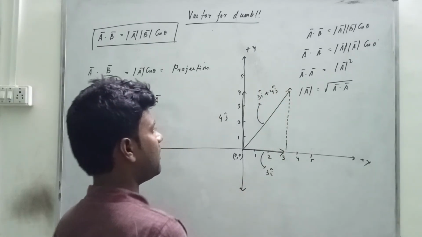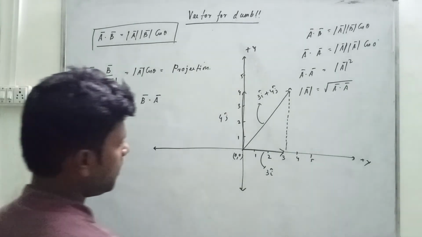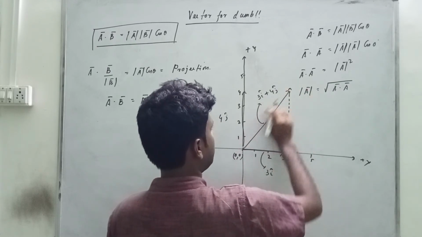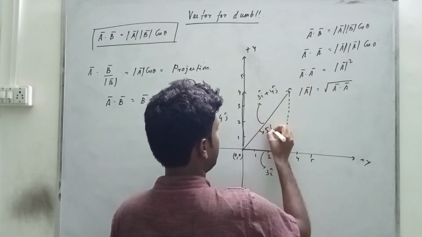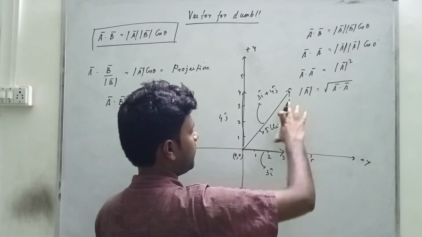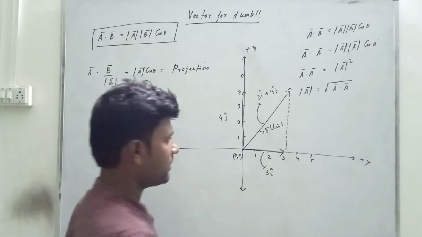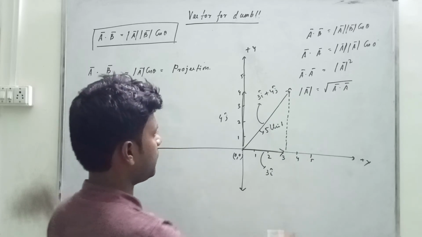Okay, and all of you know from our Pythagoras theorem, the length of this vector, 3 I cap plus 4 j cap, goes to 5, right? It's 5 units, because it's a 3, it's a 4, so it's a right angle triangle. Just use your Pythagoras theorem, you will get 5 units here.